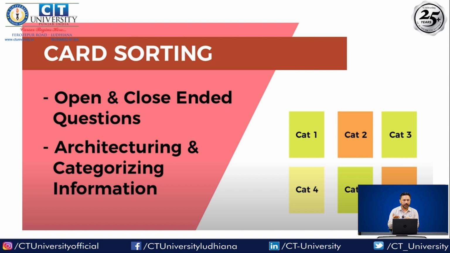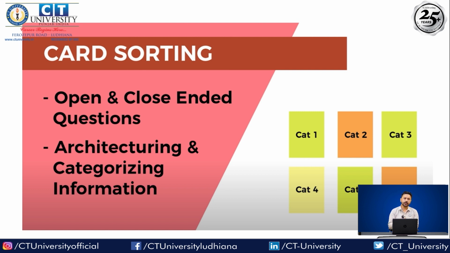According to their priority and their architecture, you can organize your website according to the way our actual target customers sorted. This is the better way to categorize and architect the categories on the website.